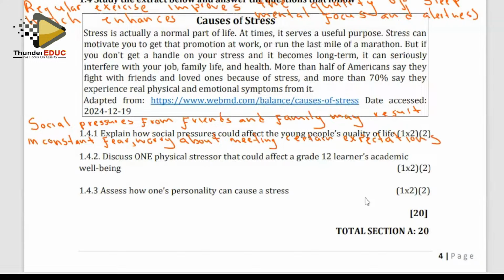Social pressures from friends and family may result in constant fear and worry about meeting certain expectations.